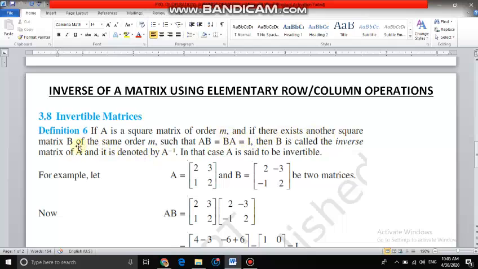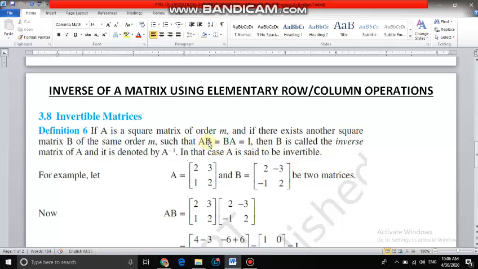If there exists another square matrix B, so to define the inverse of a matrix you need two matrices A and B, and the order of matrix B is also M. Both matrices A and B must have the same order and both must be square matrices, such that if you multiply A and B, or B into A, both ways, A into B must equal B into A, which must equal I. Here I represents the identity matrix.